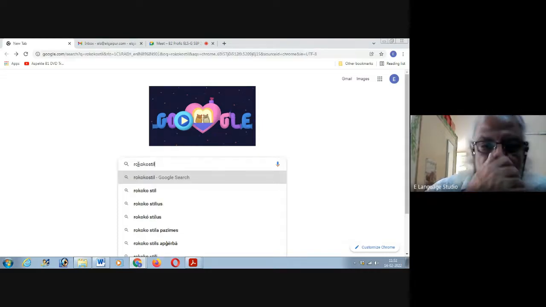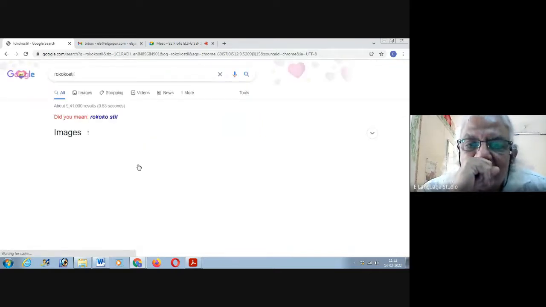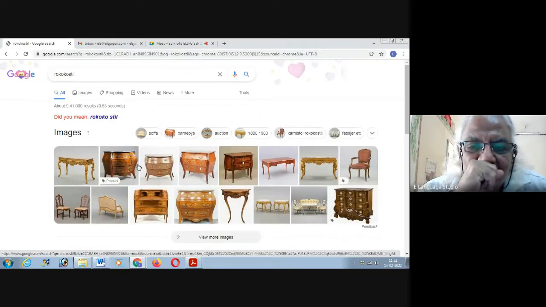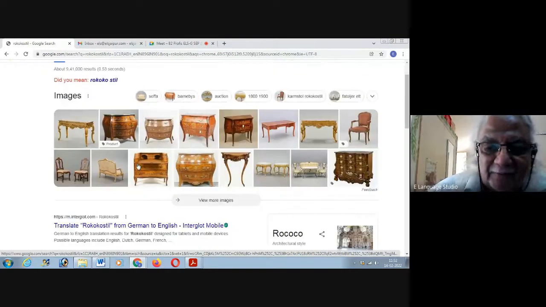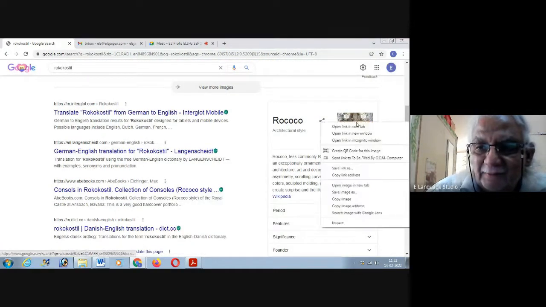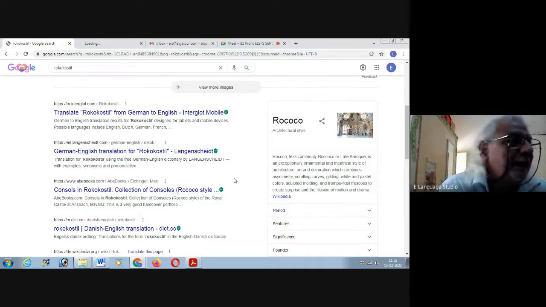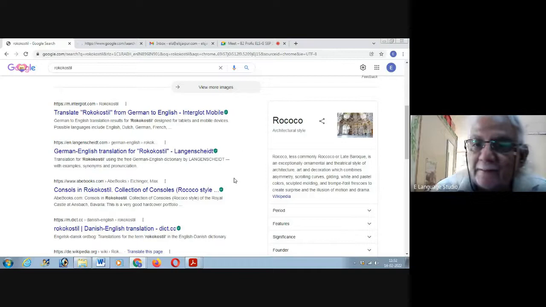Let's see, what is Rococo? The Rococo style. This came after Baroque, 17th, 18th century.